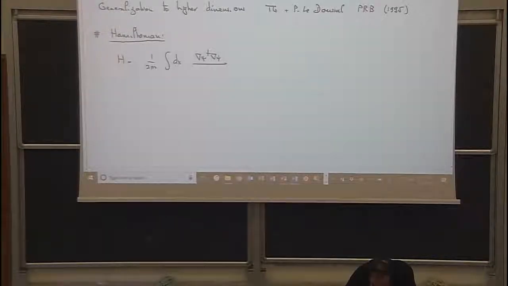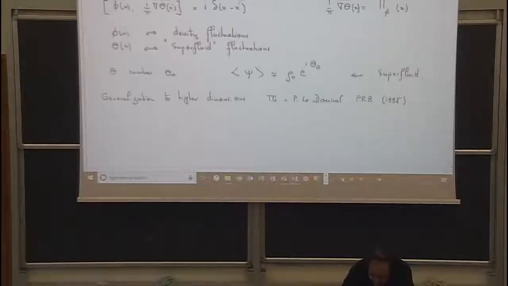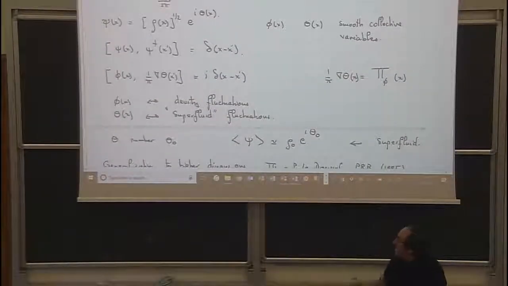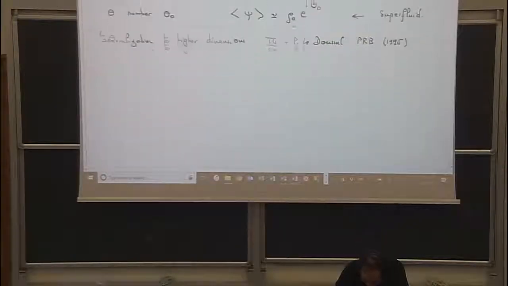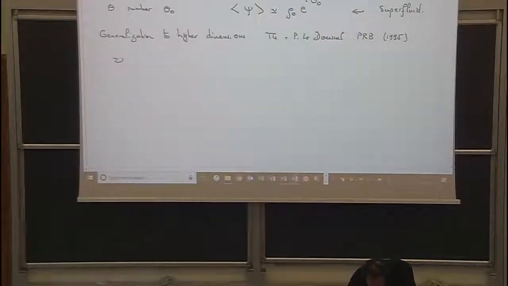No, before I do the Hamiltonian, let me write maybe the complete formula. Because you could say, oh, it's ugly what you did here. There is a square root of the density. Well, let me write cleanly, let's say, psi dagger of x, which is again square root of rho of x, 1/2 exponential of minus I theta of x.